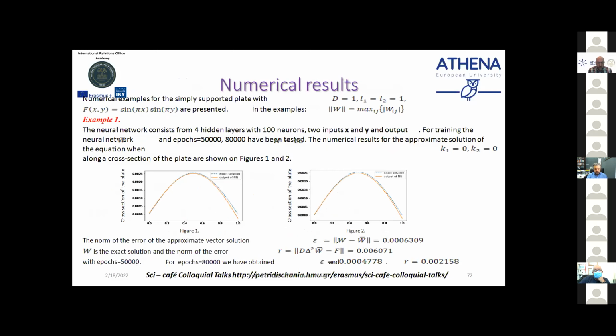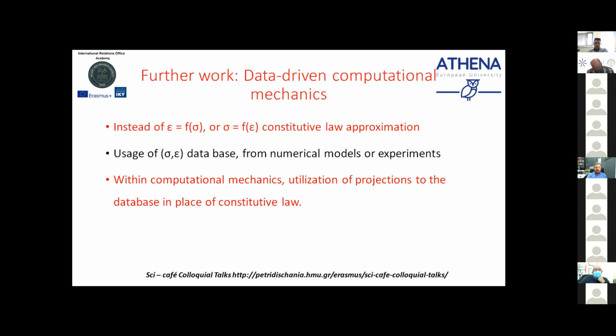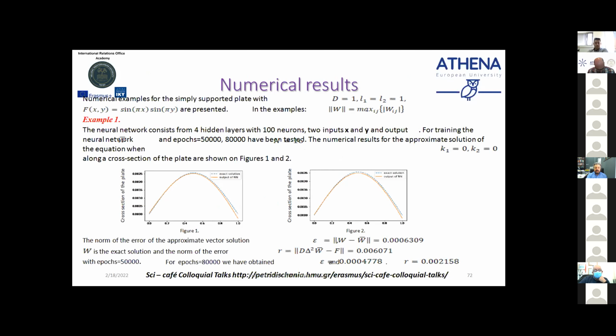Here you see a cross section of the plate, the deflection coming from the exact solution and the neural network. This is, in some sense, a development of what mathematicians know as a collocation type method to solve the mechanical problem behind this. Okay, just to say a few words, but in the conclusions maybe.